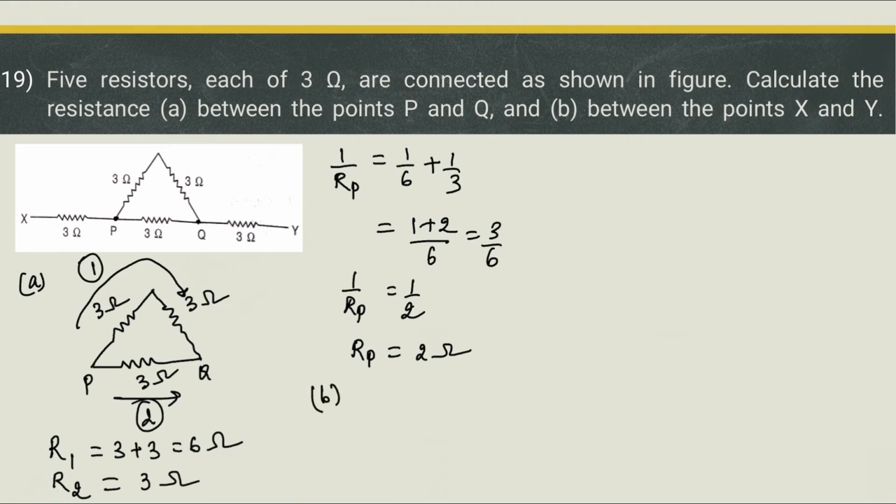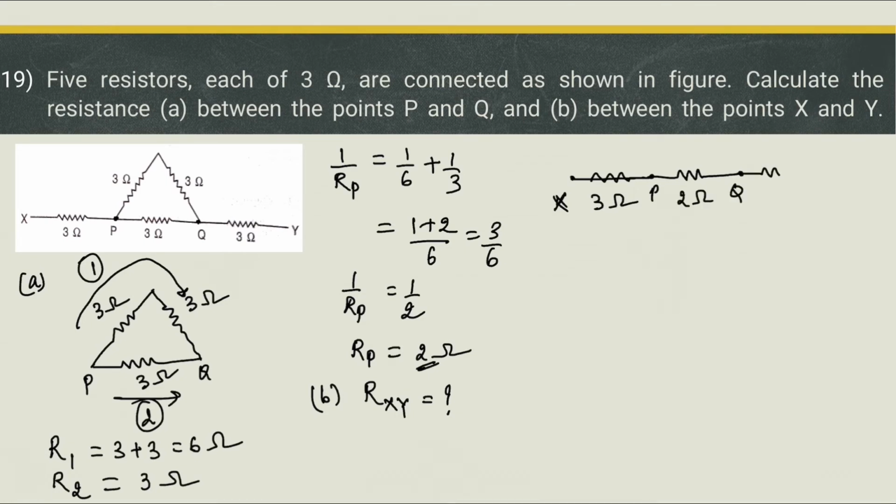Now to find equivalent resistance between X and Y, first once again let us analyze the circuit diagram. From point X to point P, there is a resistor of 3 ohm. Between P and Q, we found the equivalent resistance in the previous part, that is 2 ohm.